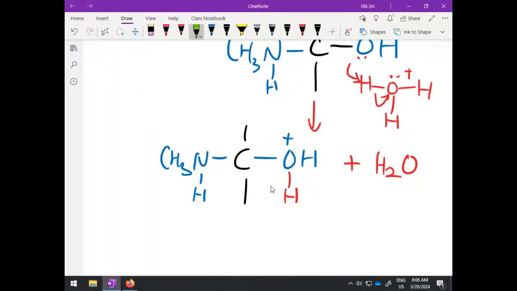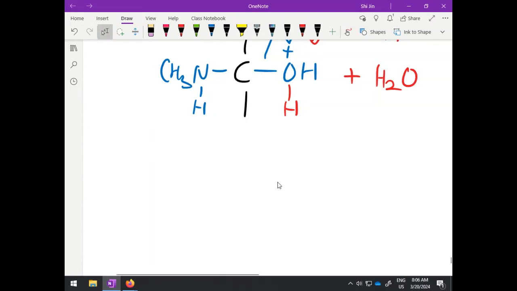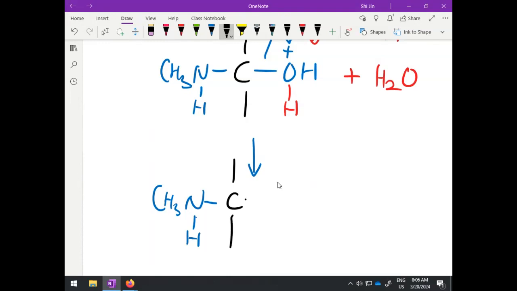you're going to have this rate limiting step. The C-O bond breaks, giving you the carbocation plus water.